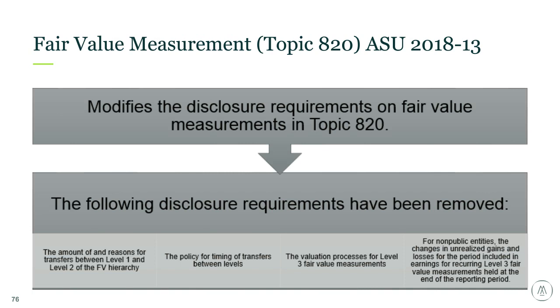It eliminates the transfers between level 1 and level 2 of the fair value hierarchy, the timing of policy for transfers between the levels, the valuation processes for level 3 fair value measurements, and for non-public entities, which includes not-for-profits, the change in unrealized gains and losses for the period included in earnings for level 3 recurring measurements held at the end of the reporting period.